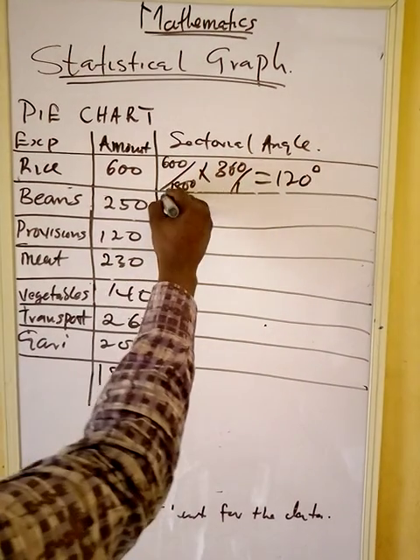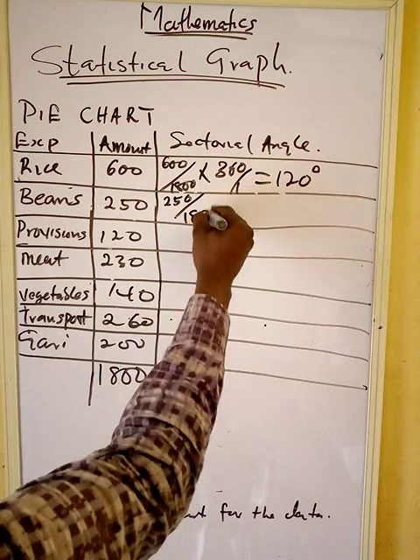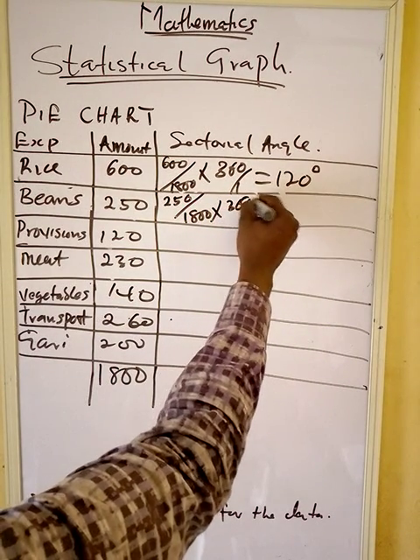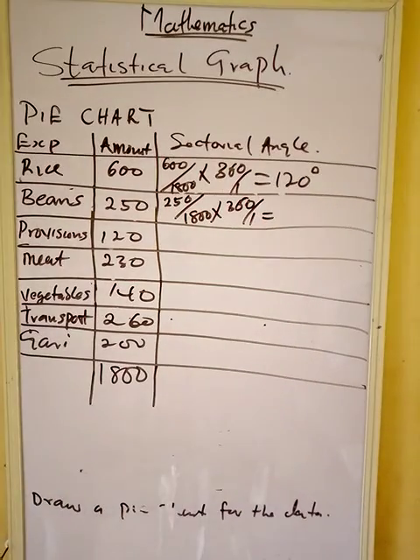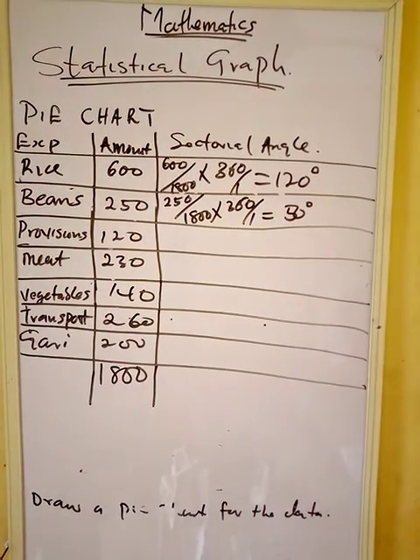Then 250 divided by 1,800 times 360 over 1 will give us 50 degree.